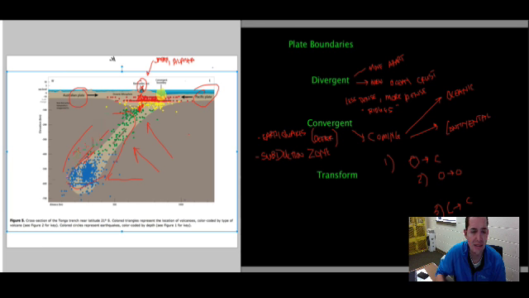All right, so let's look at, erasing this. We're going to look at our last type of convergent boundary. We're going to look at continental to continental.